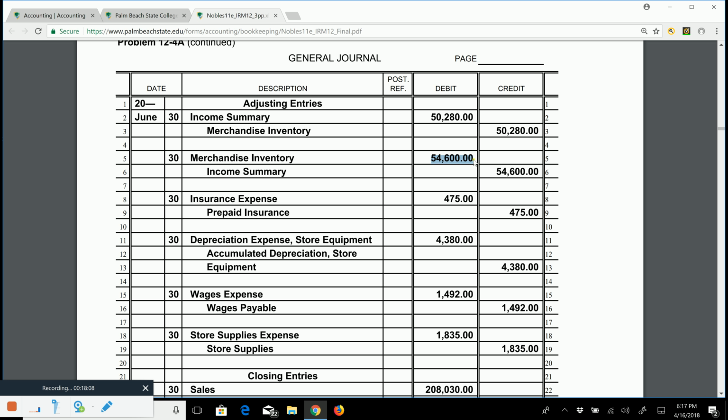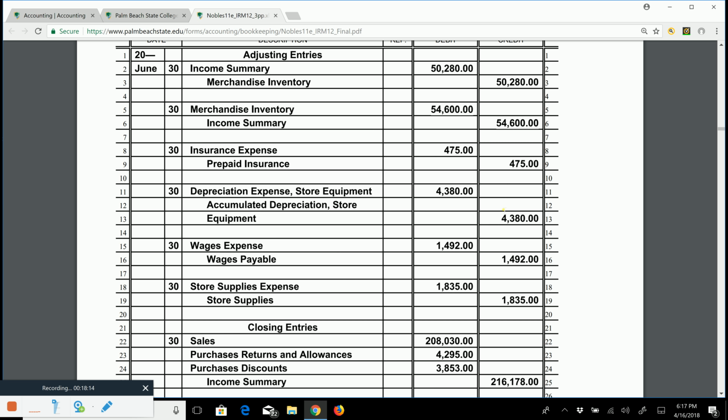That comes on the books with a debit, and we credit income summary. And the next adjusting entries, we've seen this in prior class sessions, but we'll take a look at them again really quickly. Insurance expired for the year, $475. So when we bought the insurance, we recorded this asset called prepaid insurance.